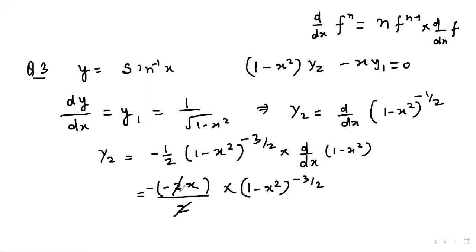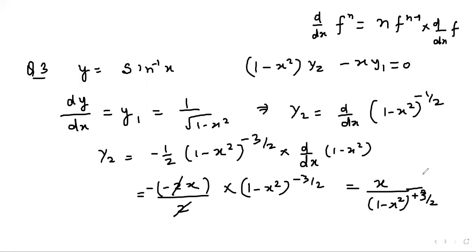So 2 will cancel out and this will become plus. So we will get x divided by 1 minus x square whole power, this minus power will become plus, 3 by 2.